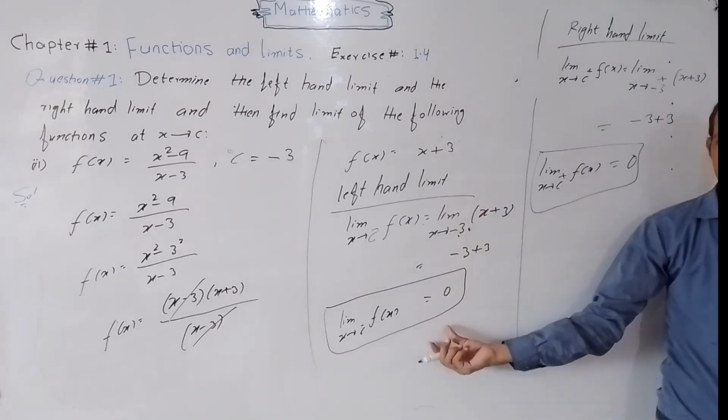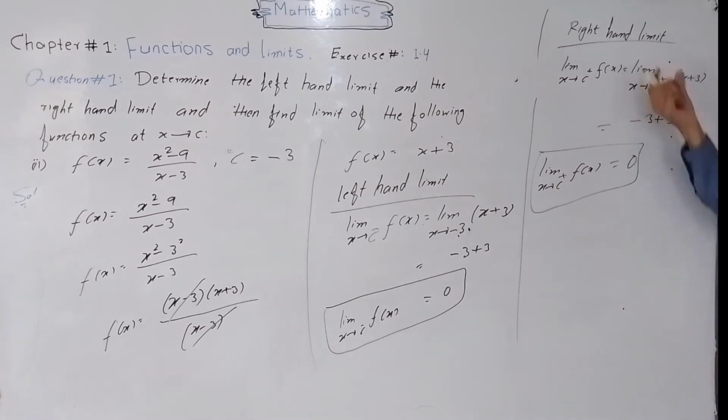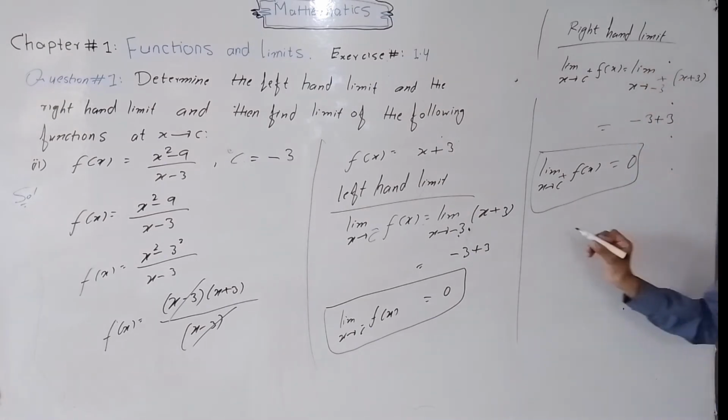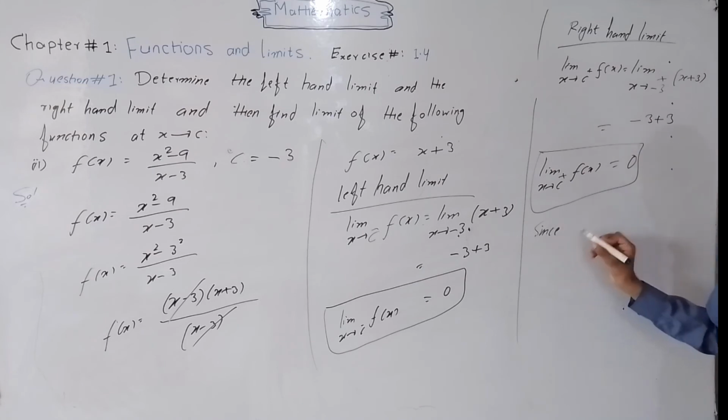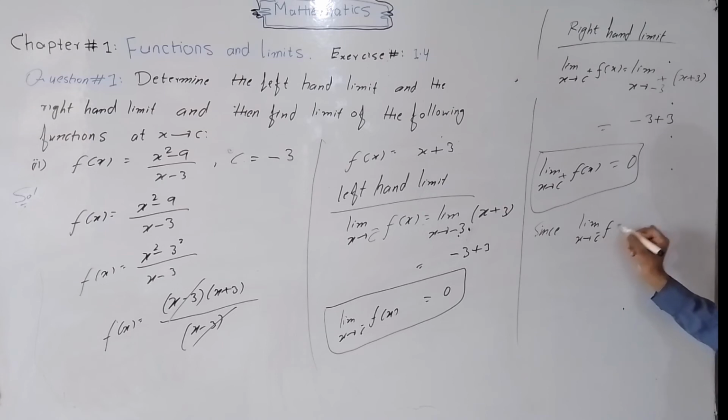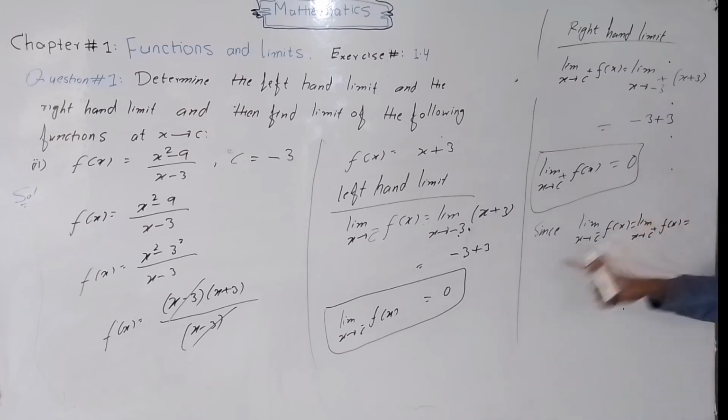Left hand limit is equal to 0 and right hand limit is equal to 0, since limit as x approaches c minus of f(x) is equal to limit as x approaches c plus of f(x), which is equal to 0.